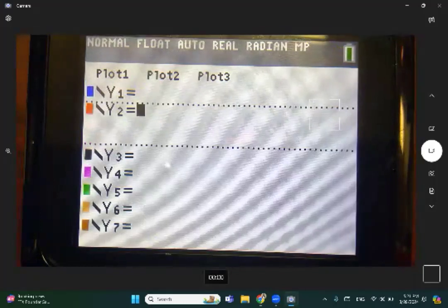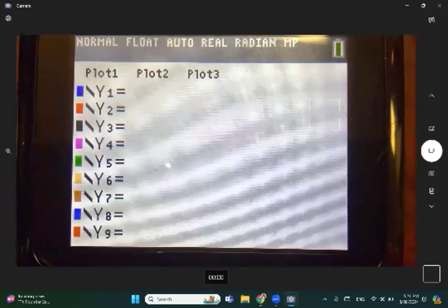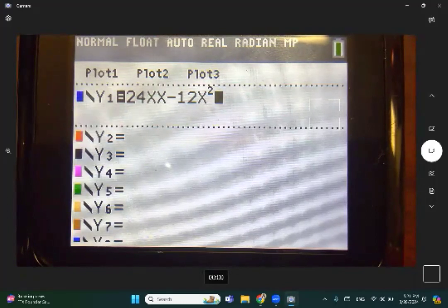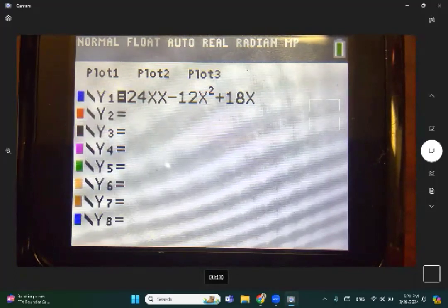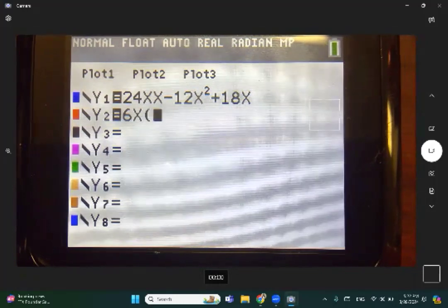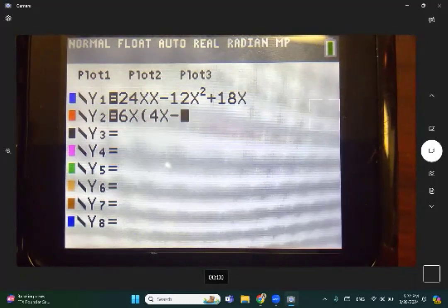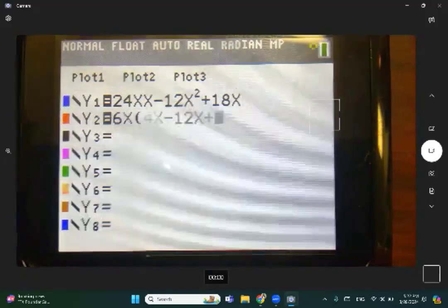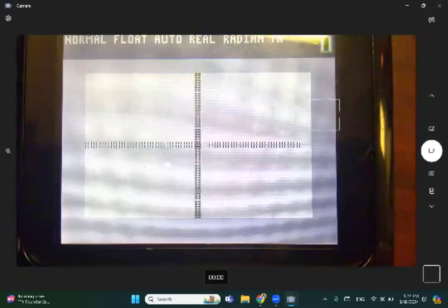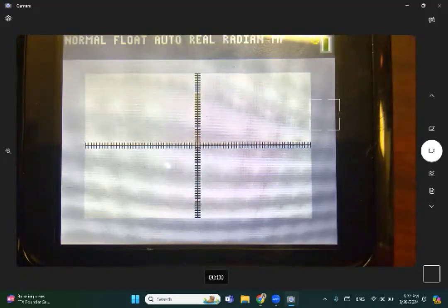So in y1, I'm going to clear this out. I'm going to put what's in the question, 24x squared minus 12x squared plus 18x. And then over here, 6x times 4x minus 12x plus 18. See if it gives me the same graph. It does not.